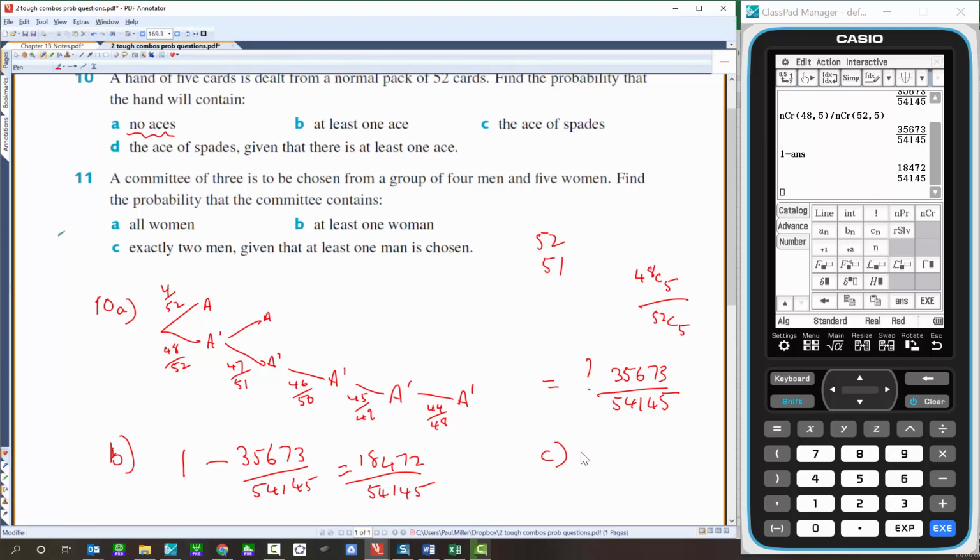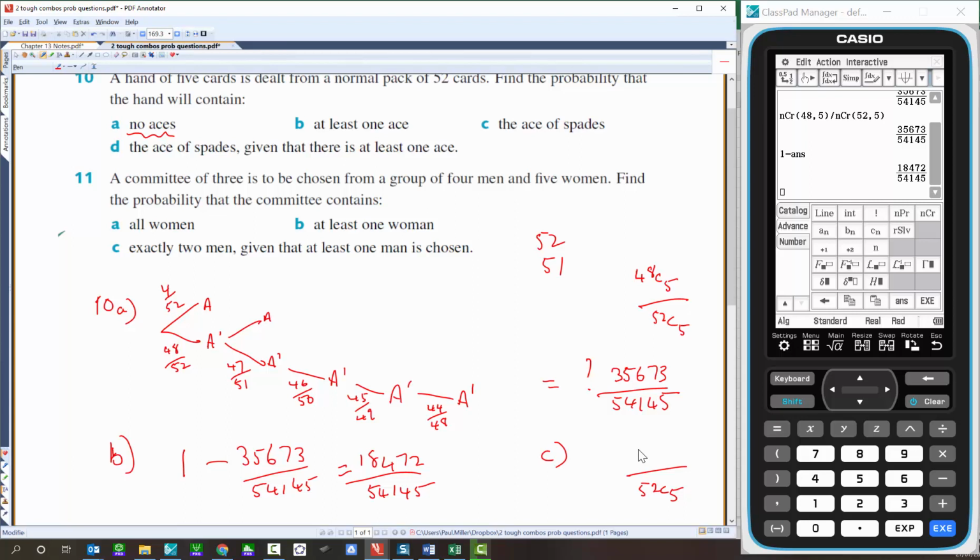Okay, part C, the ace of spades. The way I think about that one is that if I'm getting the ace of spades, what I want is the total hands. So that's 52 choose 5. So the total number of ways 5 cards can be chosen from 52, because again, this is a probability. And what we're going to do then is look at the number of ways of getting the ace of spades.